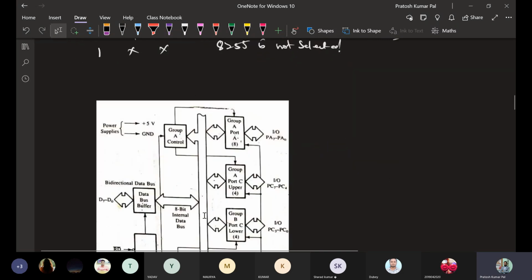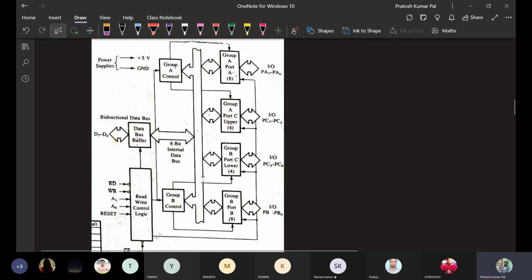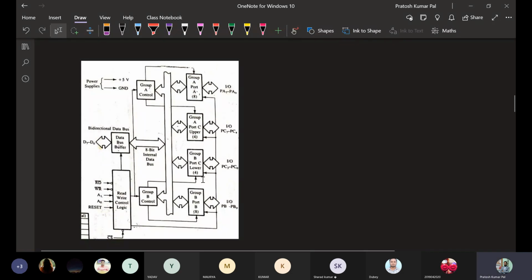So here this is the architecture of 8255. In that architecture we have already seen there will be a data bus buffer, read write logic, and it has ports. So this is port A of 8-bit, port B of 8-bit, and port C upper.